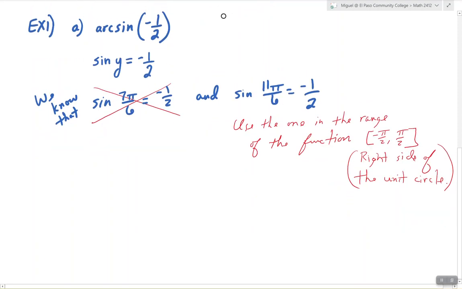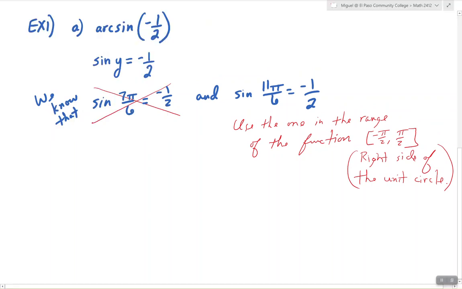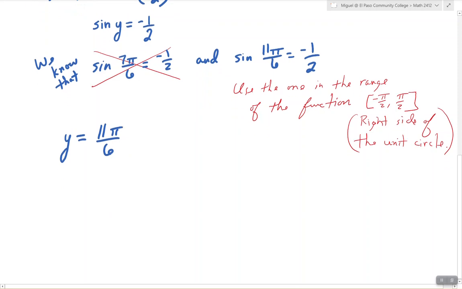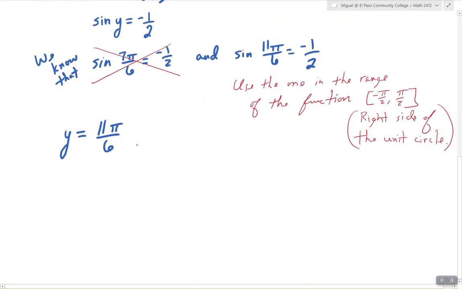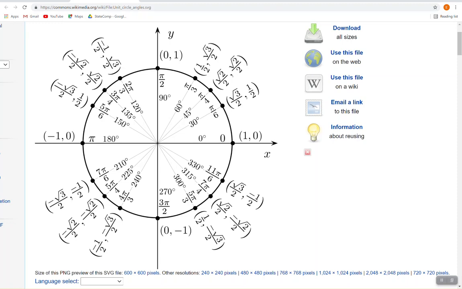All right, go back here real quick. We need to change 11π/6 to fit the interval they gave us, right? 11π/6 is 330 degrees.